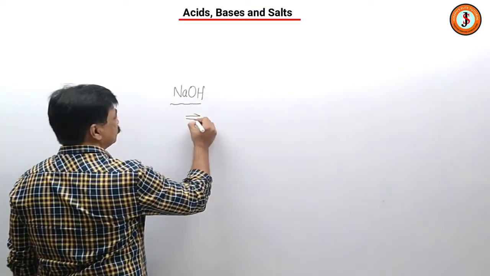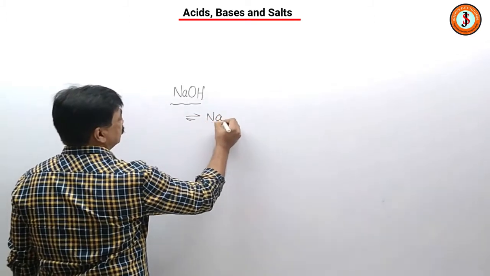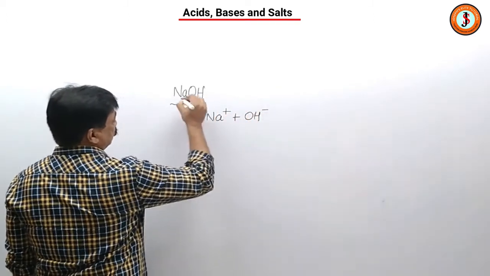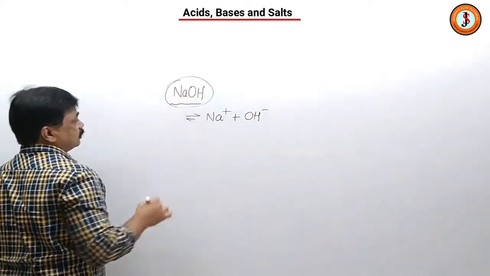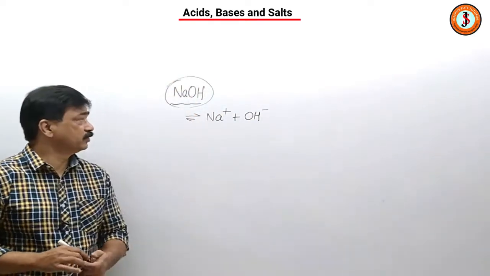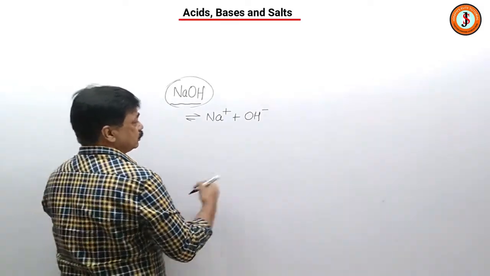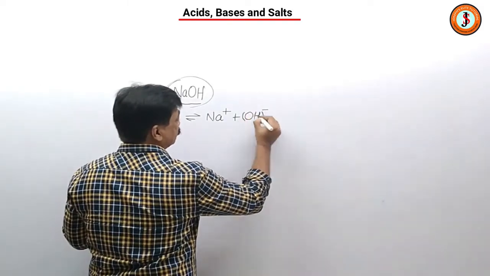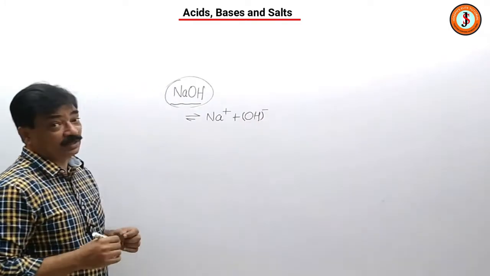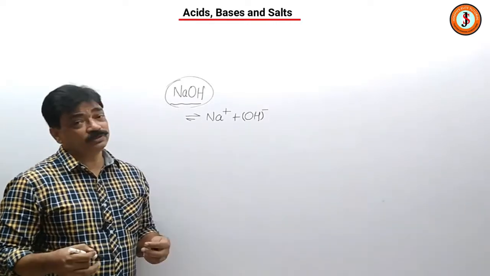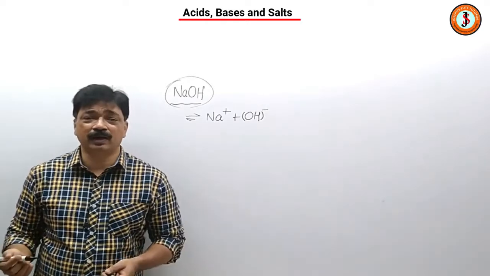For example, if sodium hydroxide dissociates. This chemical also has a different name: it is known as caustic soda. Bases, when they dissociate in water solution, contain a hydroxyl ion. The negative ion in a base is fixed; it will be hydroxyl ion, and the positive ion can be a metal or any other radical.